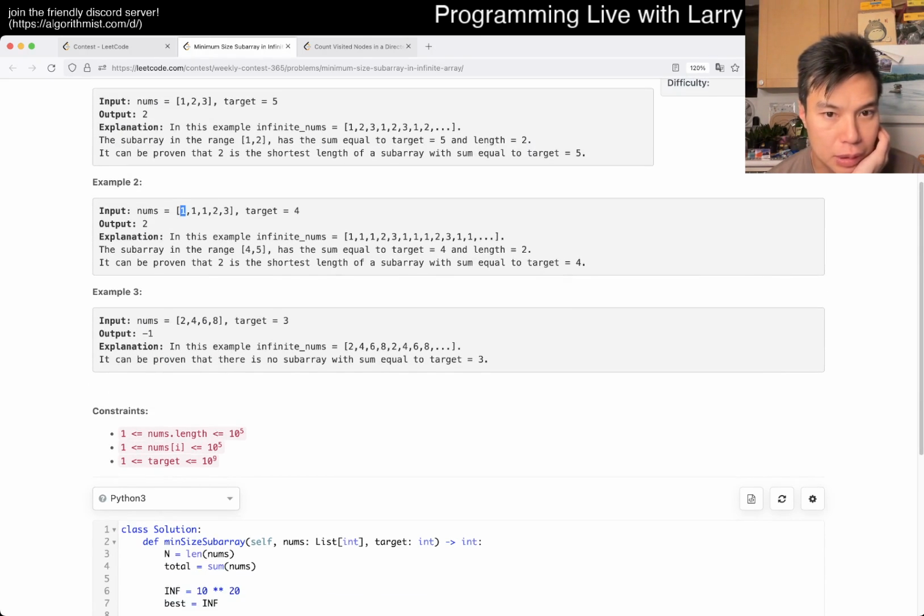Should be just DP, but maybe not, I don't know. Two pointers.